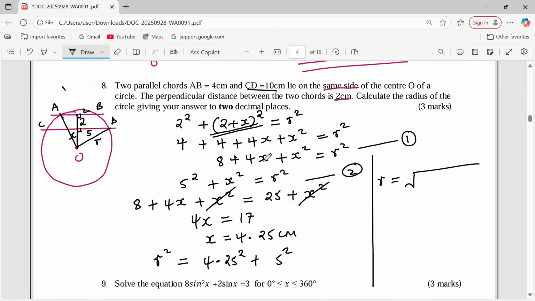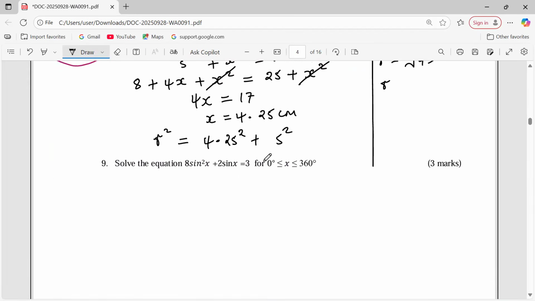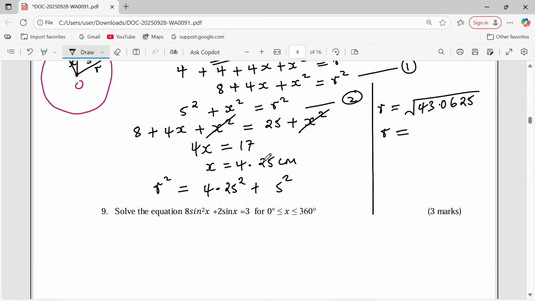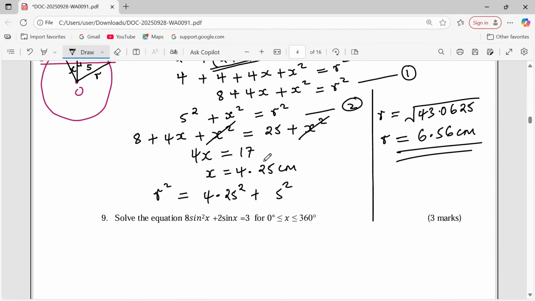This is 43.0625, and r, remember, it's now to 2 decimal places, shall be 6.56. According to the instructions, 2 dp accuracy. Yeah, 2 decimal places accuracy.